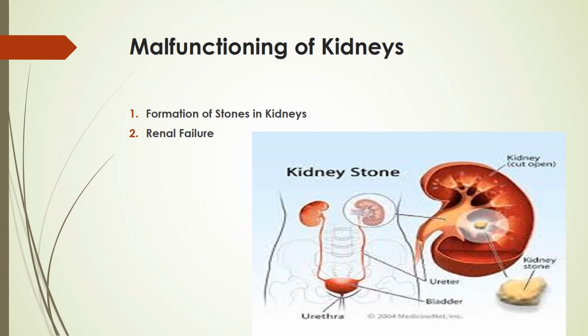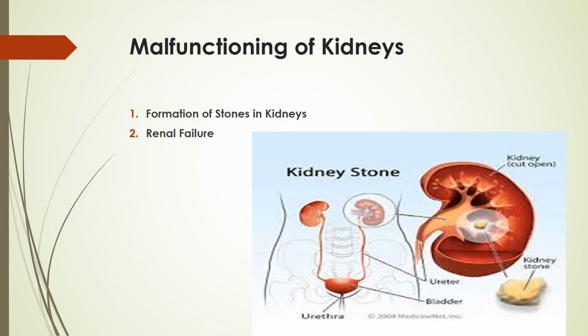Formation of the stone disturbs the normal functioning of the kidney and causes severe pain. Kidney stones may travel to the ureter or urinary bladder, as you can see in the diagram. The common causes of the stone in the kidney are excessive calcium salt in the food and uric acid, etc.